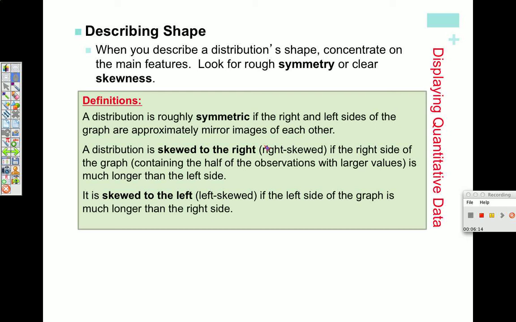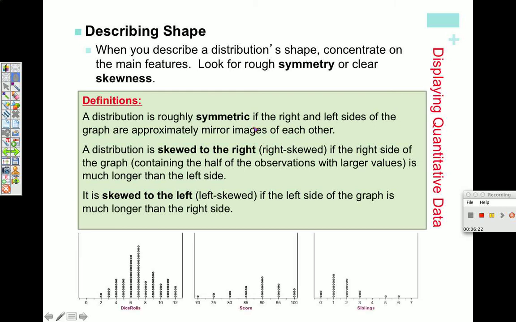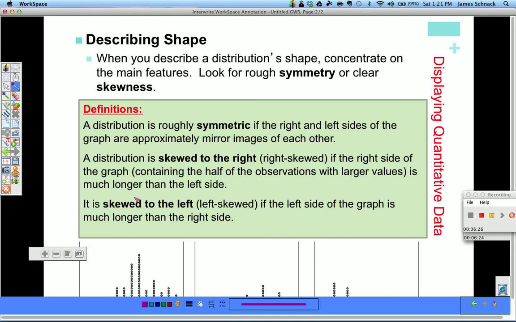So pretty much always we talk about data being roughly symmetric. Perfectly symmetric would be something like that, if those bars were all the same, left side exactly the same as the right side.